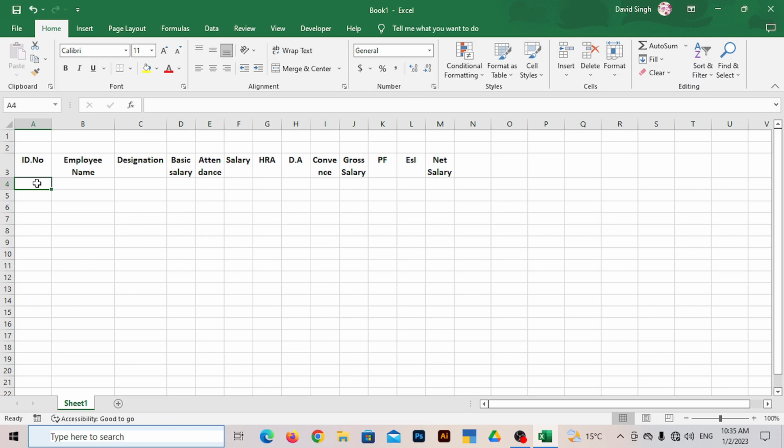To identify a particular person in a company, we provide an ID number to the employee. Secondly, designation. Designation means the post of a person, for example manager. Here I have written one ID number, the name Rahul Kumar, and designation manager.